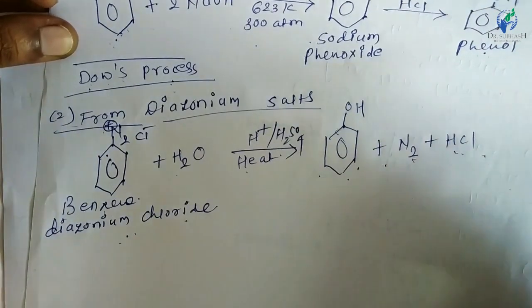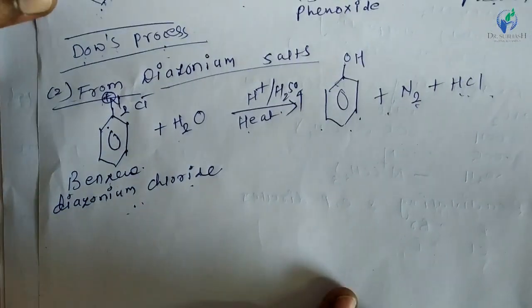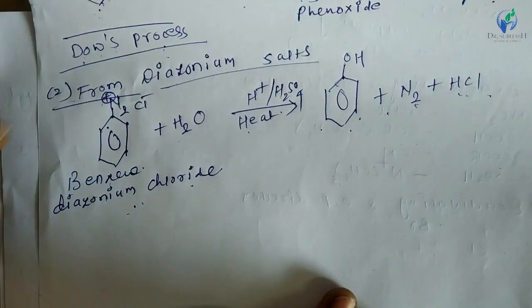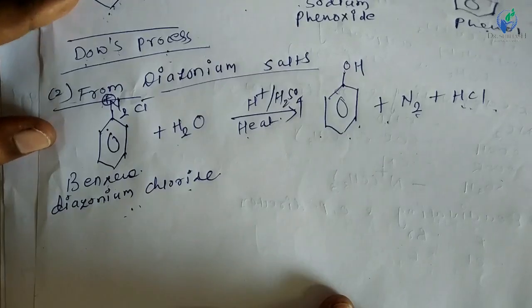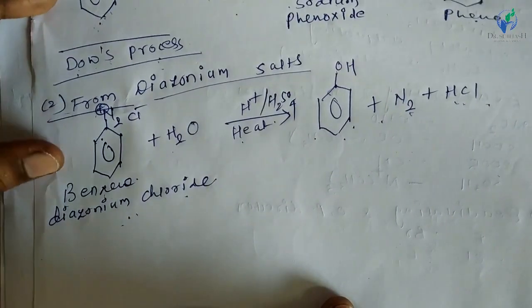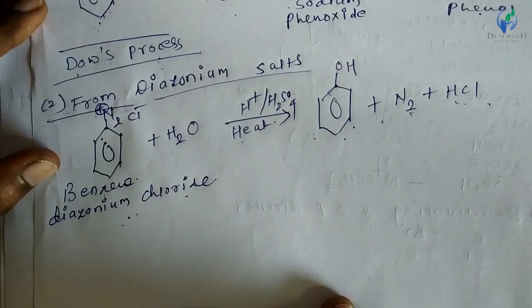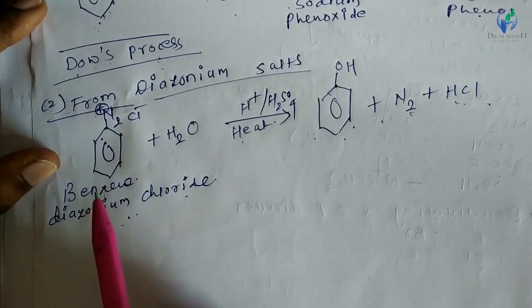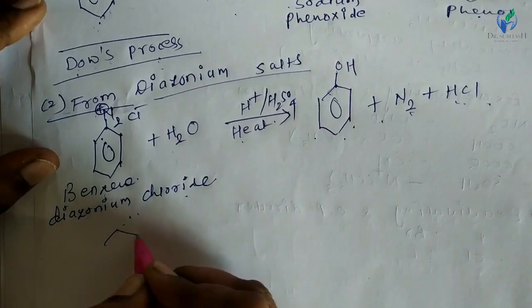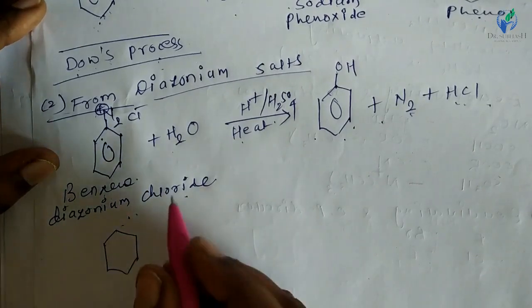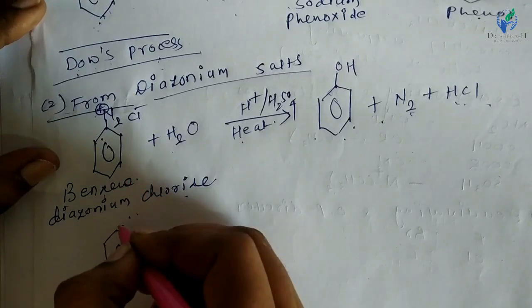Right? Now, in place of benzene diazonium chloride, benzene diazonium hydrogen sulfate can be used. Right? And this is also an example of a diazonium salt.